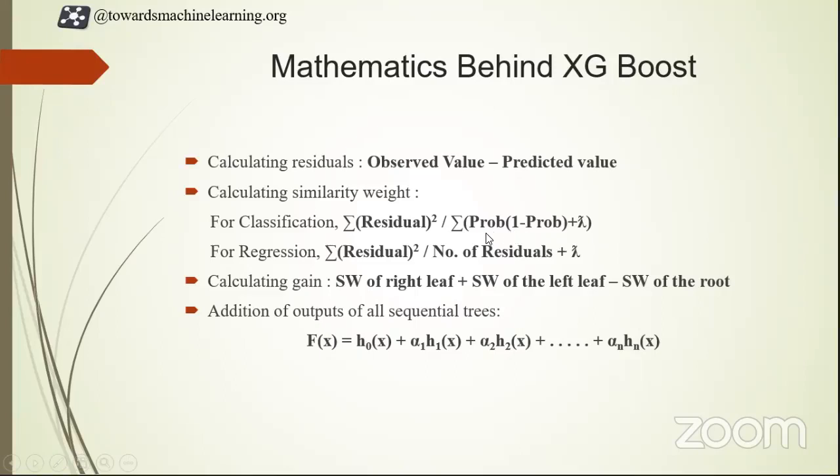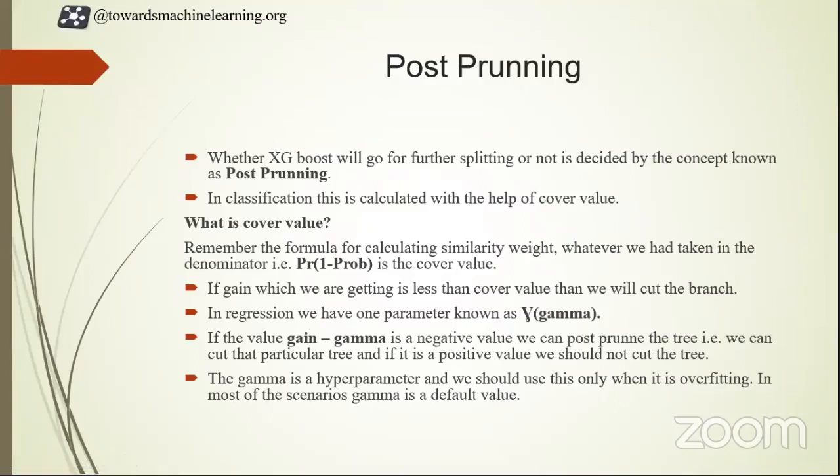So this denominator, probability into 1 minus probability, we take as the cover value. Now we will see whether the gain which we are getting is less than this cover value. If it is less than this cover value, then we will cut the branch. We will not go further for splitting.